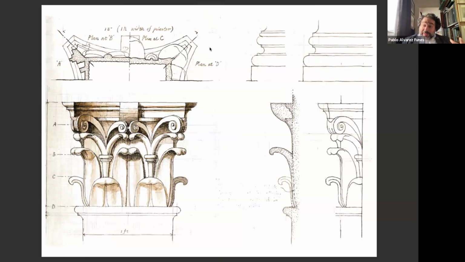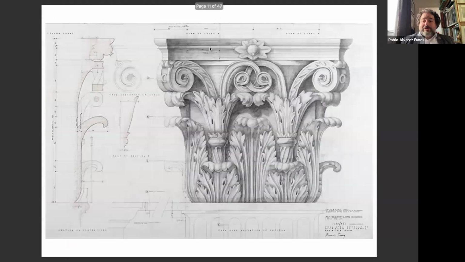With regards to the Corinthian capital itself, there are basically two types of acanthus leaf. You have the flat acanthus leaf, which is an abstraction of the elaborated acanthus leaf, and you have the proper elaborated acanthus leaf.